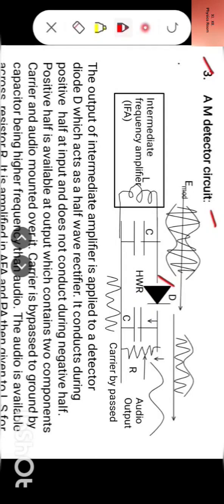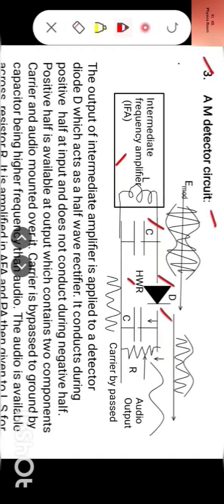At the input of AM detector circuit, we have intermediate frequency amplifier, which has a parallel LC circuit at its output side, which is tuned to intermediate frequency, which is normally between 455 kHz to 465 kHz, and it is applied at the input of diode D, which acts as half wave rectifier denoted as HWR.